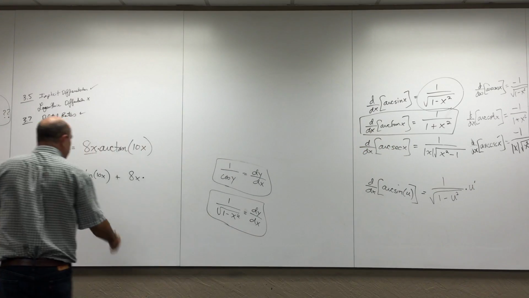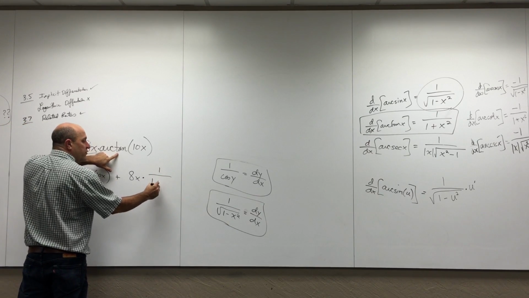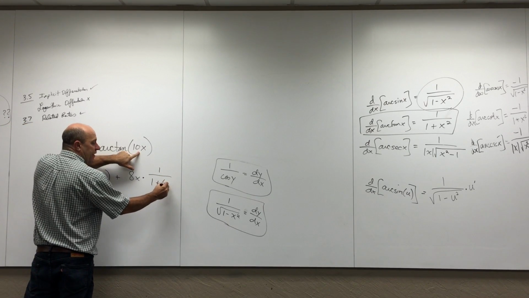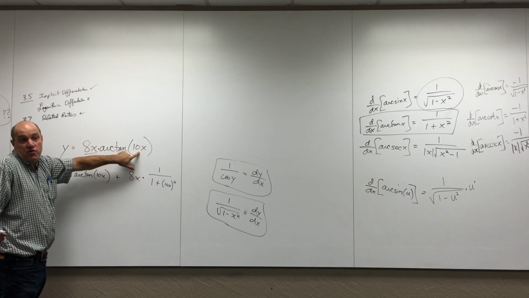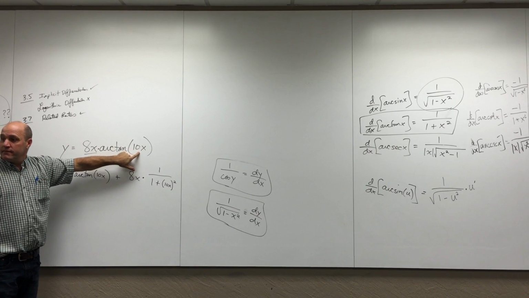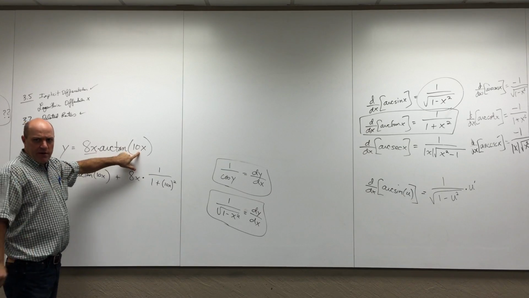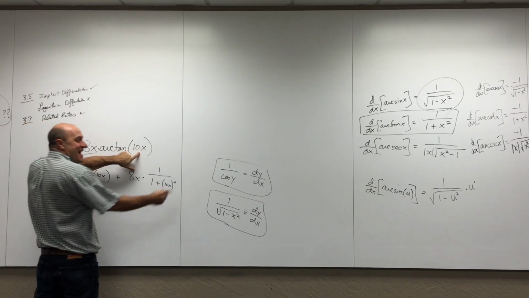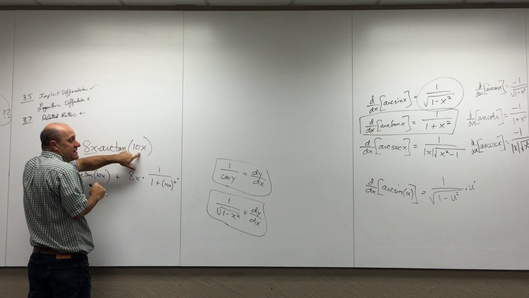The derivative of arctangent is 1 over 1 plus that stuff squared. That's the rule for arctangent, times the chain rule, which is the derivative of that little bit there, which is a 10.